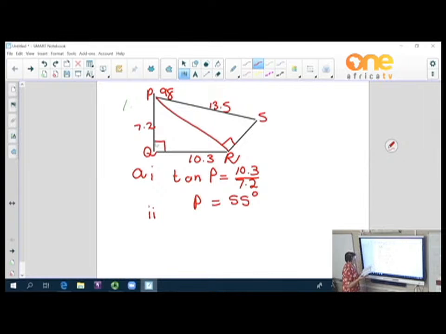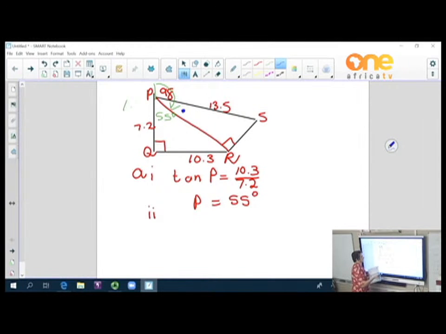Number 2, write down the bearing of R from P. Now the bearing of R from P is this one. R from P, north clockwise. I know now that this angle is 55 degrees. I know that this is a straight line. So what I need to find is this little angle first, and then I can add it to 98 degrees.